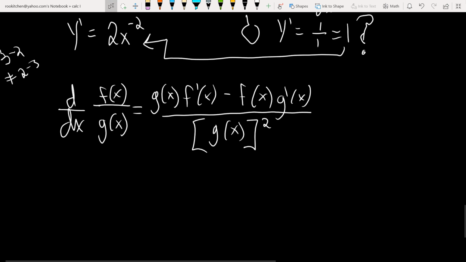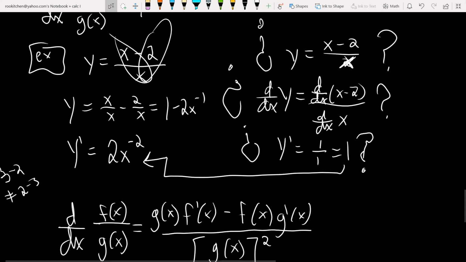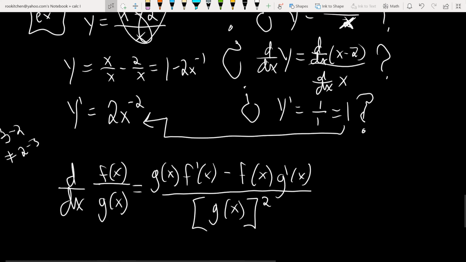Okay, and let's take a look at doing that problem we were just looking at. So if we had y equals x minus 2 over x, I would rather just split it into 2 and then take the derivative that way. Let's just verify that, at least in this case, the quotient rule works.